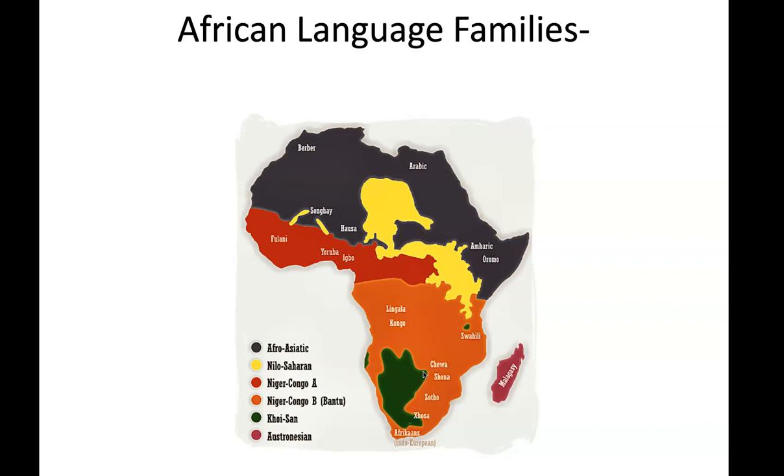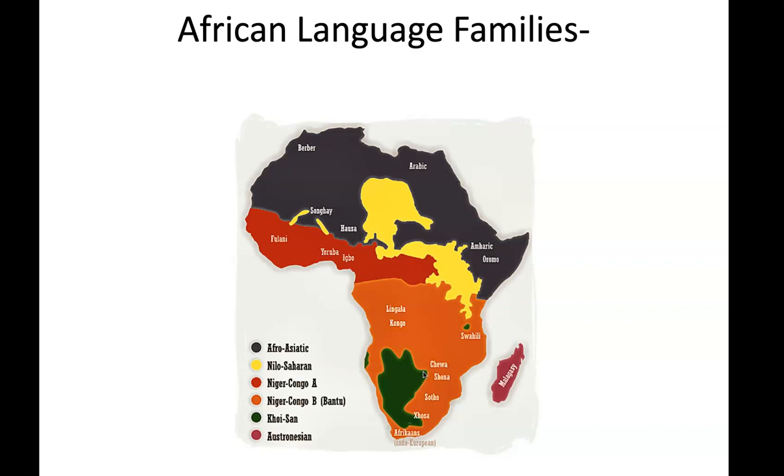Okay? Let me give you an example from Europe. You have what are known as the Romance languages, languages that are derived from Latin. That means Italian, Spanish, Portuguese. All closely related languages. They're in the same language family.